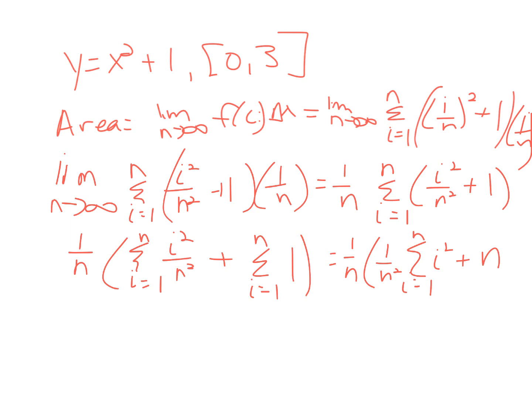So, based off those lovely i squared formulas that we talked about earlier, that will get us n times (n plus 1) times (2n plus 1), my bad, over 6, and plus n.